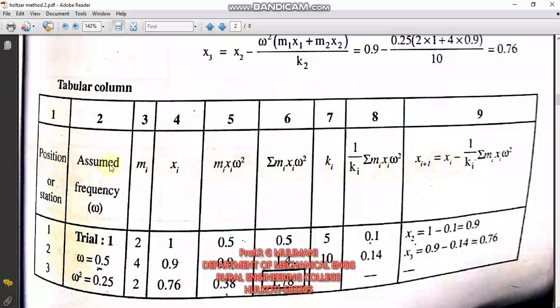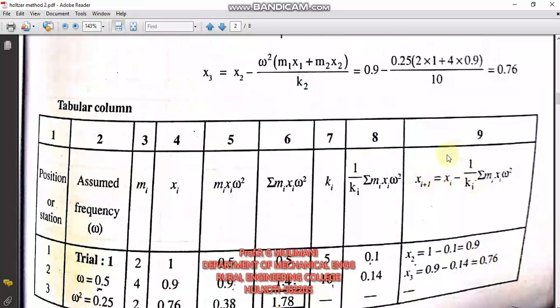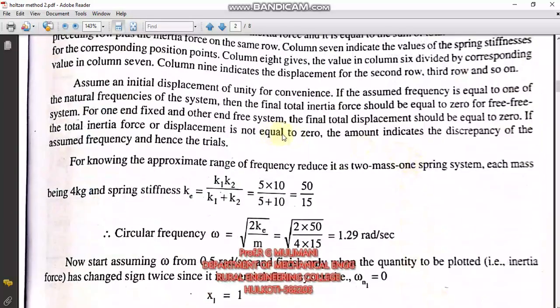First is position, second is assumed frequency, third is mass, fourth is displacement, fifth is inertia force, sixth is the summation of inertia force, seventh is spring stiffness, eighth is spring deflection, which is the summation of inertia force divided by spring stiffness, and the ninth is the new displacement, or the displacement of the next mass.